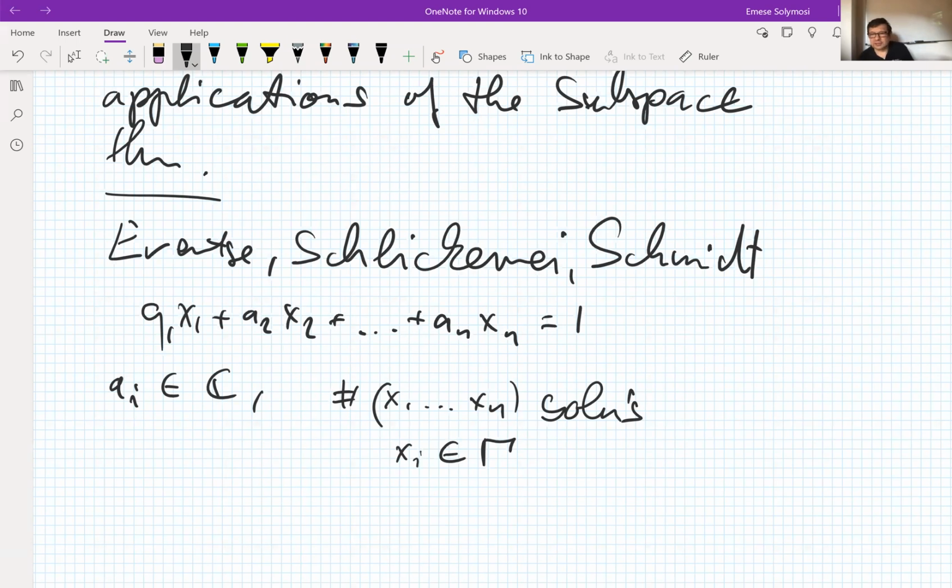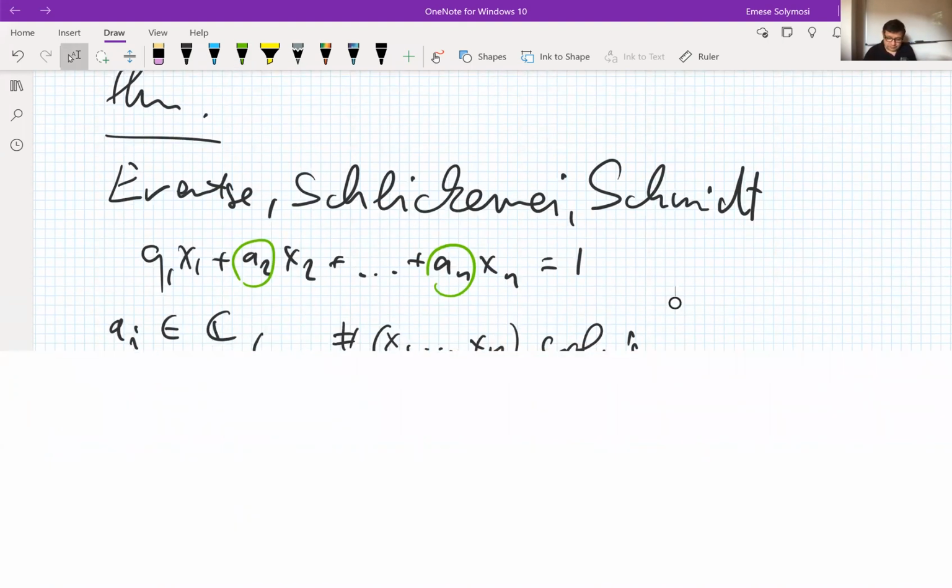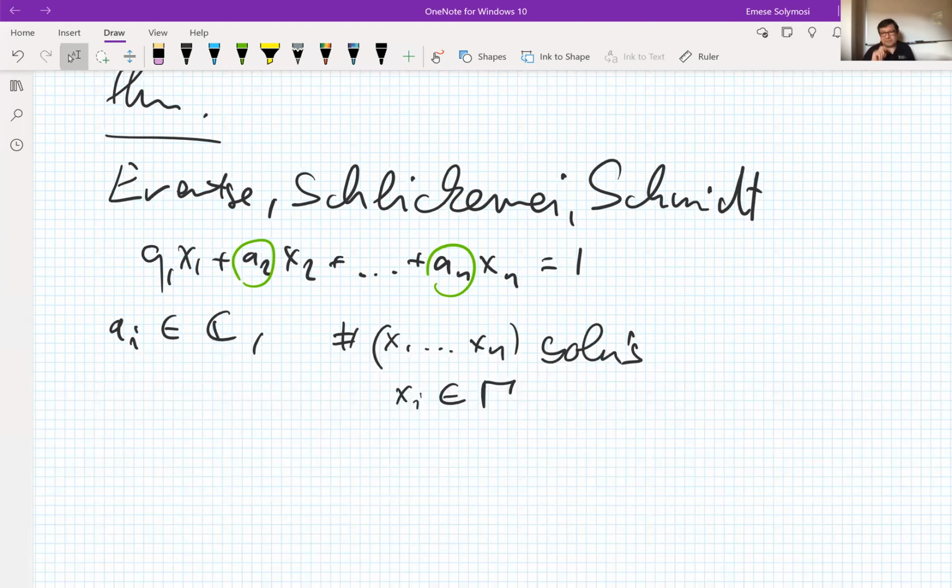And there is another condition which is necessary, because here you might have, say, +1 and -1, and then you can write any number here, everything else is 0, and the same number here. So you have infinitely many solutions. So what we are looking for are the non-trivial solutions, and that's where the name subspace theorem comes from. The solutions can be covered by finitely many subspaces, but let's not worry about that.